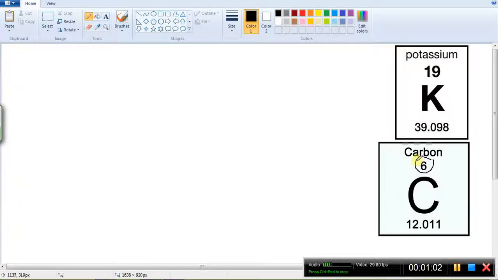This time we're talking about ions, and ions are atoms with a charge, and they gain that charge by either gaining or losing an electron. So we have ions, basically just atoms with a charge.